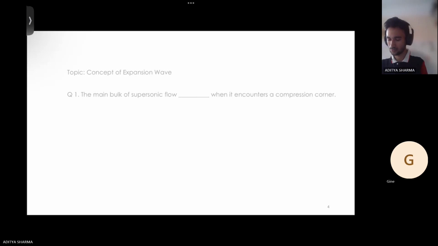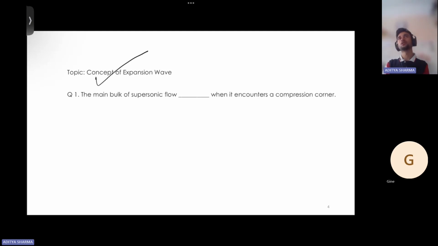This is based on the concept of expansion wave. So this is an expansion wave question, and the question says: the main bulk of supersonic flow dash, when it encounters a compression corner. There are two points.